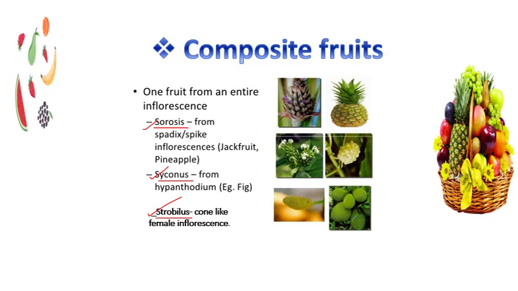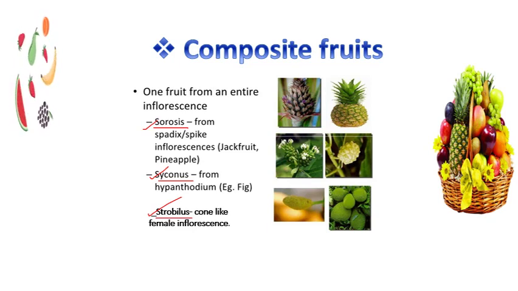So the ovaries of female flowers develop into small fruits. And there is a small opening at the top of such fruits that is guarded by scales. So the receptacle becomes fleshy and forms the edible part of the fruit.